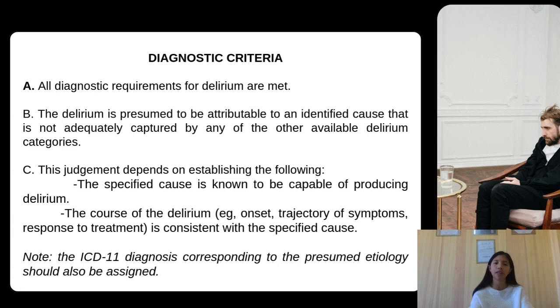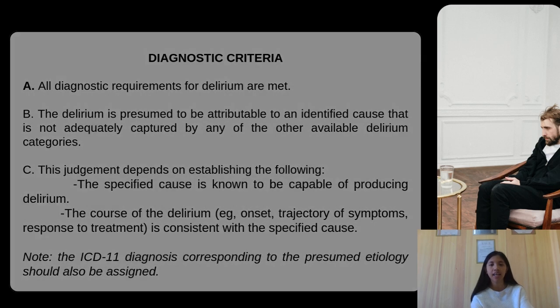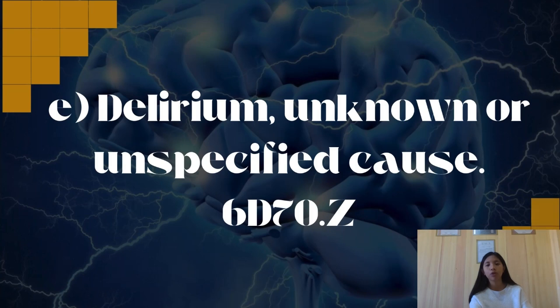And we should also take note that the ICD-11 diagnosis corresponding to the presumed etiology should also be assigned. So next, this would be the last, delirium, unknown or unspecified cause. So the ICD-11 code for this would be 6D70.Z.